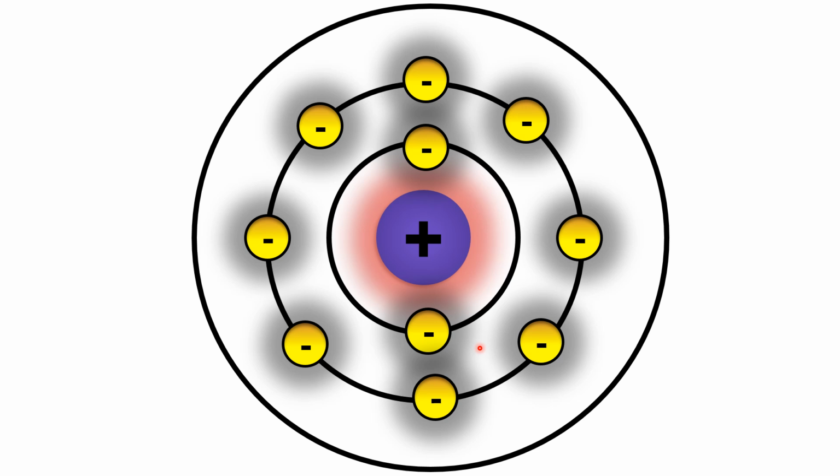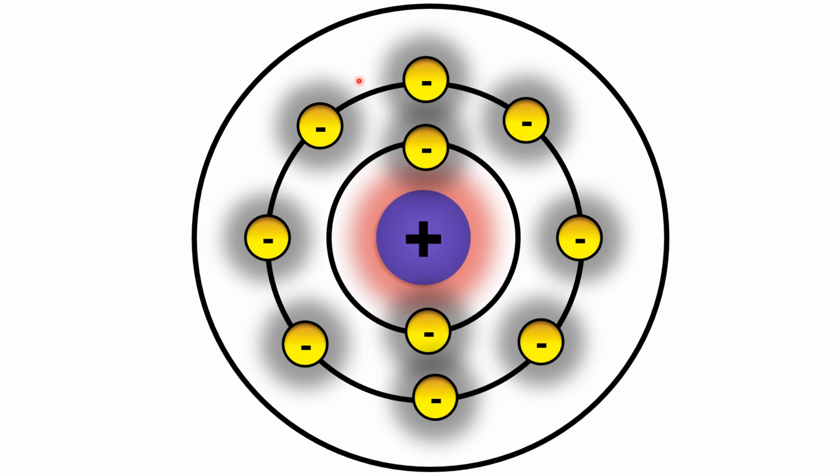Since I am discussing the generation of continuous X-rays from an atom, I am giving an example of a sodium atom. The total number of electrons in a sodium atom is 11, so the atomic number of sodium is 11.